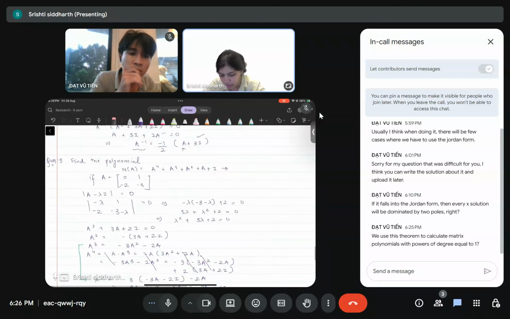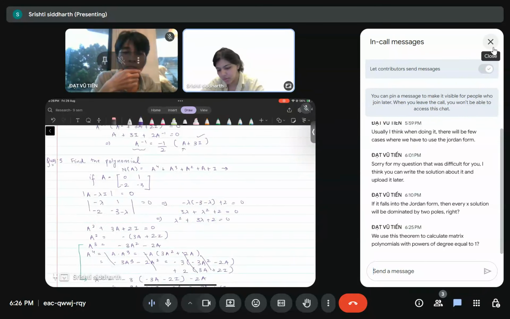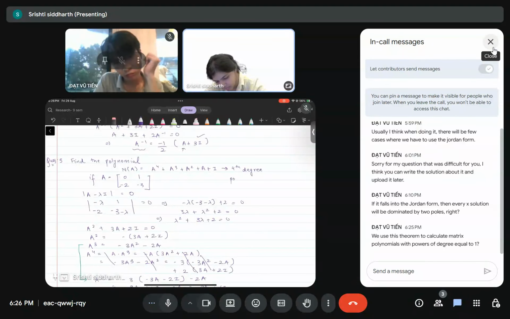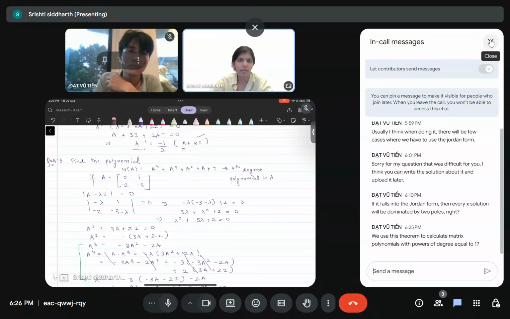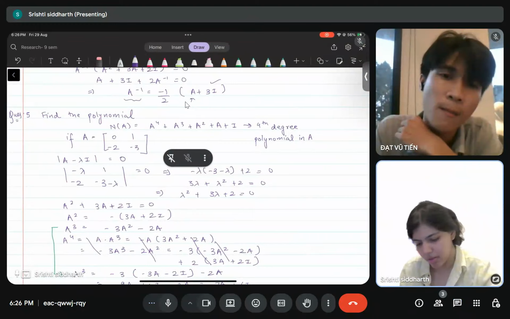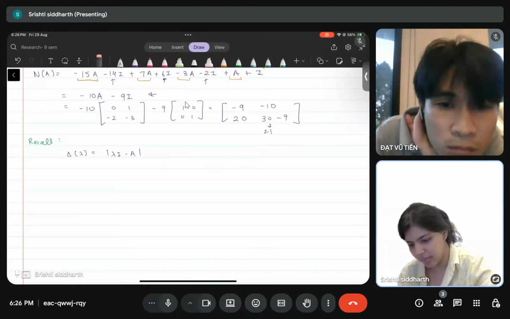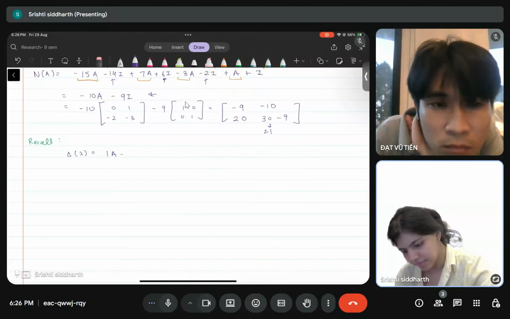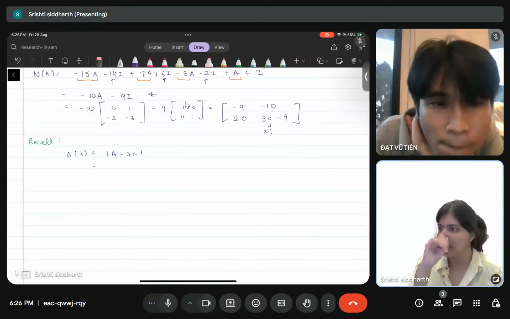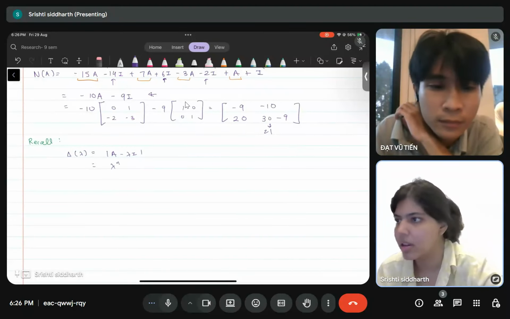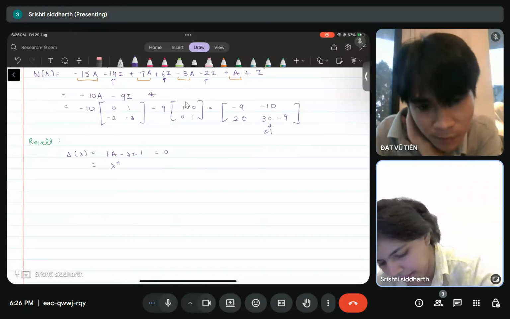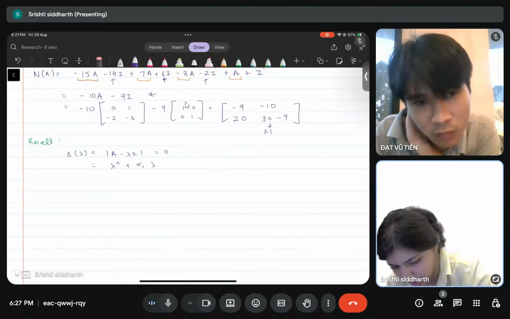So if we didn't know, we have to figure out what is A to the power 4. We will just keep on multiplying. This is a 4-degree polynomial, but this is a matrix polynomial. So this is lambda I minus A, or just lambda minus A. This is lambda to the power n plus alpha 1 lambda to the power n minus 1.